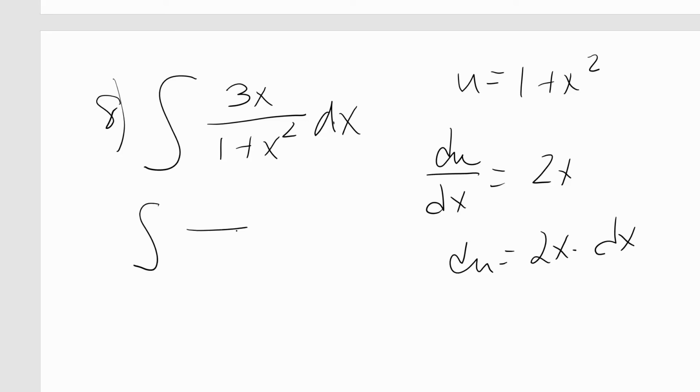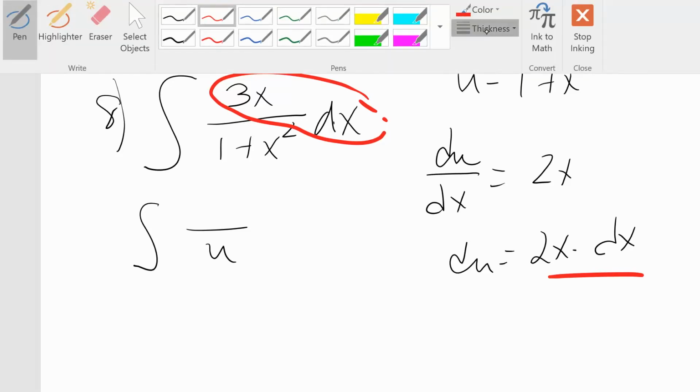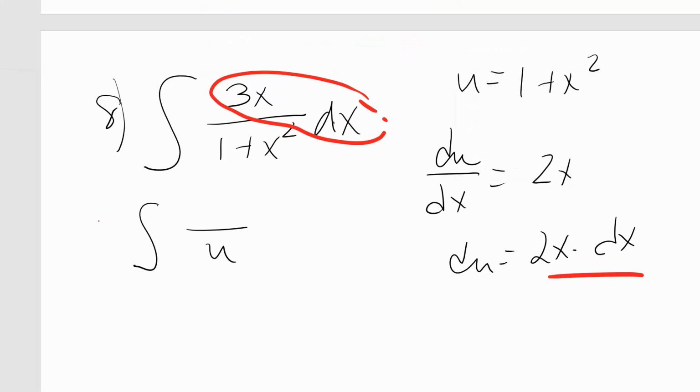My integral is going to have u in the denominator, and then again I want it to match, so I have 3 dx here. That's not what I have here. There's a couple different ways we can deal with this. 3 is a constant, so we can bring that out front. So I'm going to bring my 3 out front.